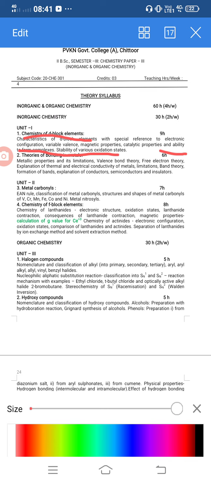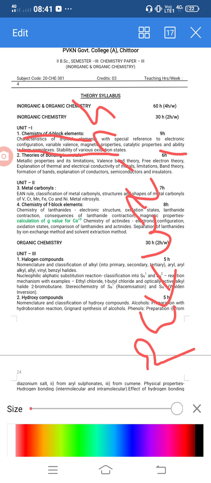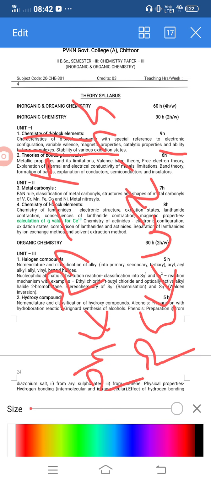D block can be divided into 3 series: 3D or first series, 4D or second series, 5D or third series. 3D series means scandium to zinc. 4D series, yttrium to cadmium. 5D series, lanthanum to mercury.